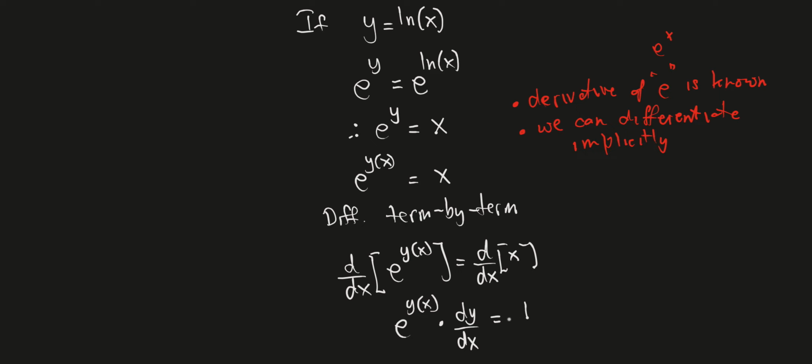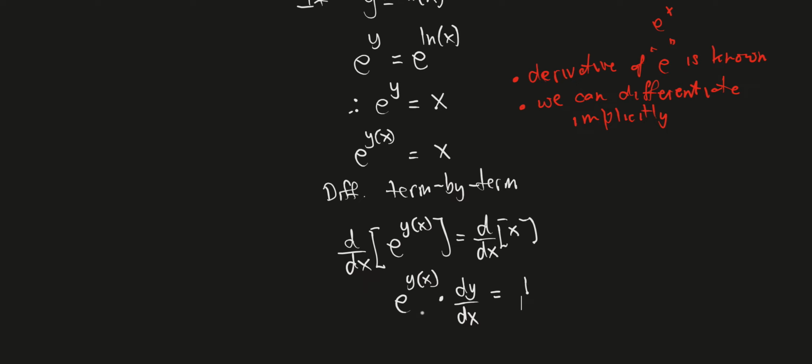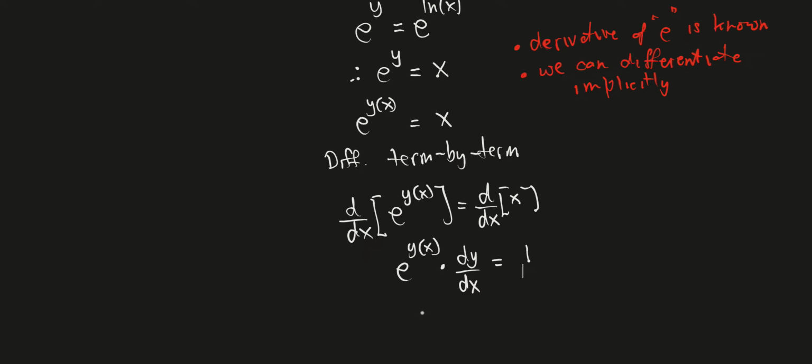All right? So once we have this, let's go ahead and rewrite it without the y of x. Again, this was just a little reminder to ourselves that if we're differentiating a function of y, but with respect to x, we always have to use the chain rule, right?